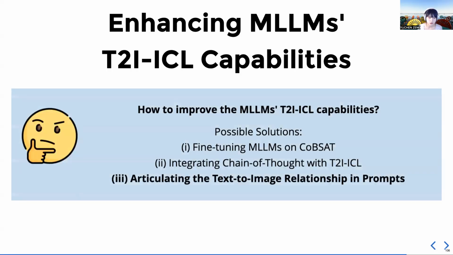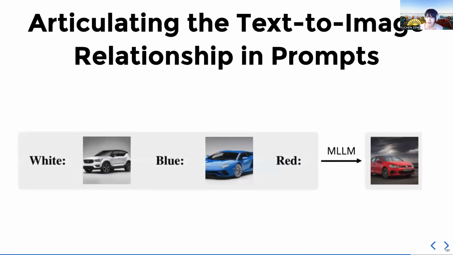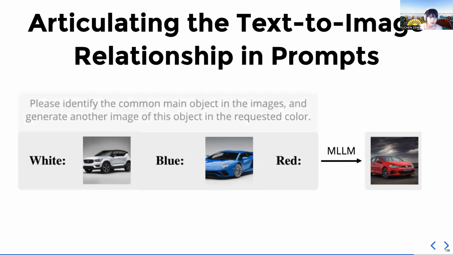We also tried another prompt engineering approach, where we provide a more clear task description. Of course, when we designed the dataset, we indeed tried to hide some information to better evaluate the model's ability to learn from the in-context demonstrations.